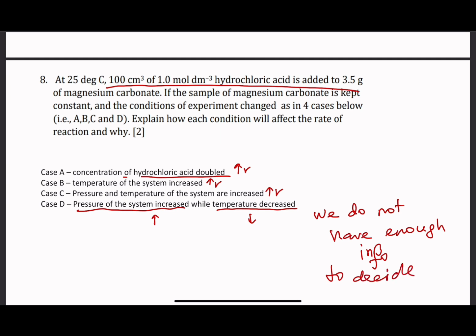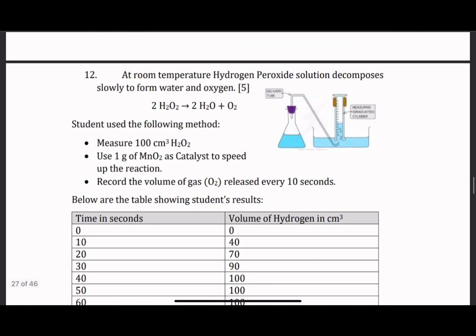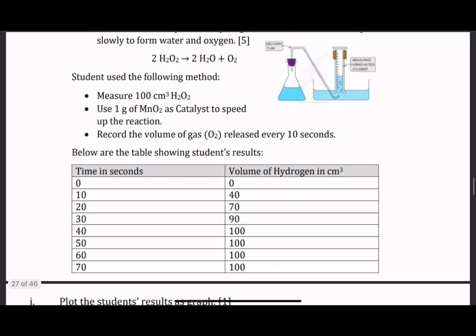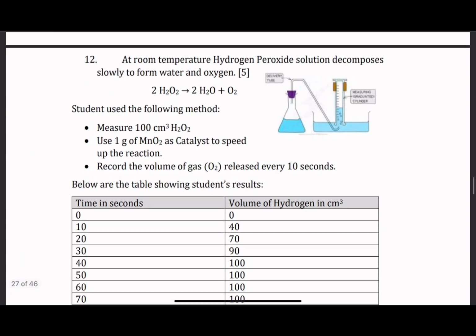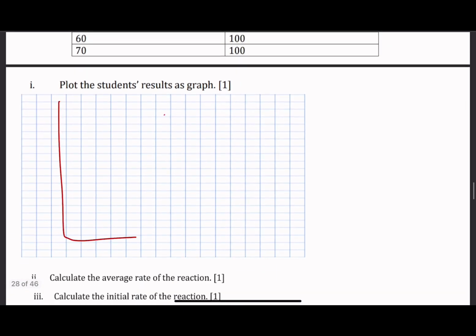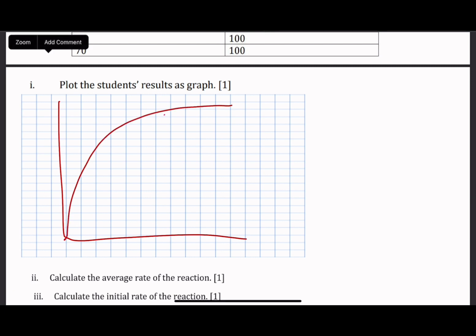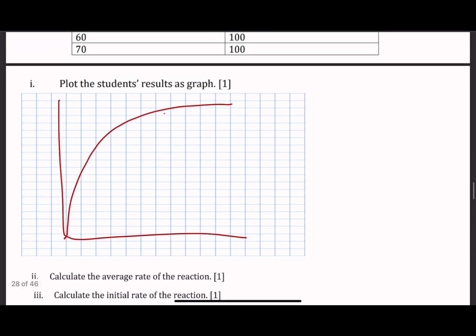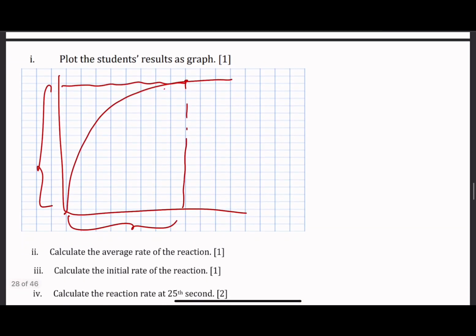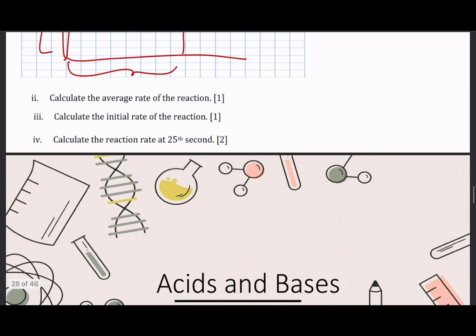More investigation is needed. Now, at room temperature, we did this again. So what you needed to do is draw this graph. You would have done it here, and then you would find the average rate, which means you would divide this distance by this. Kamran Mallim has gone through this, so please watch the video.